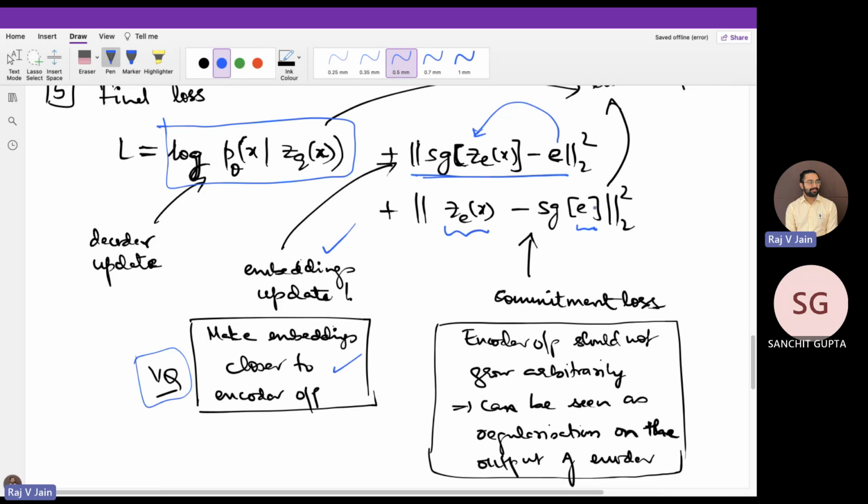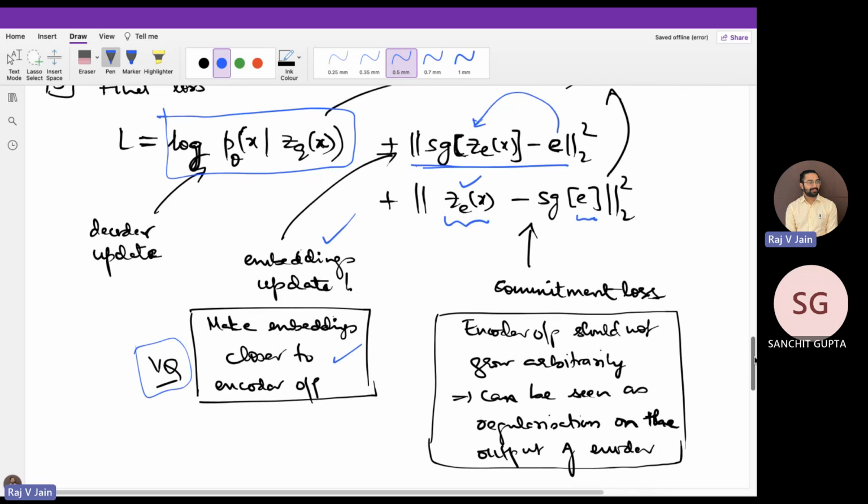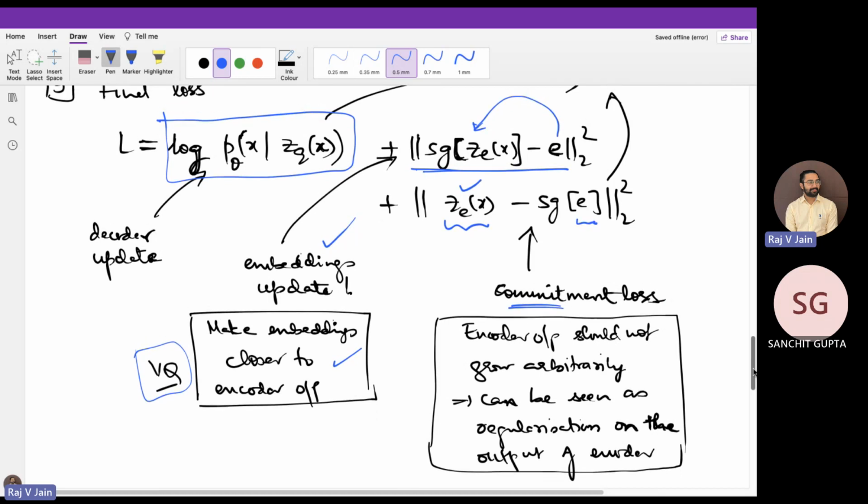Again, when you're updating the encoder using this loss part, keep the embedding constant. You make the encoder layer and the embedding layer close to each other, but keep one constant and update the other, because it's possible they both agree and the whole thing ends up becoming null. That's the idea, and this is called commitment loss.